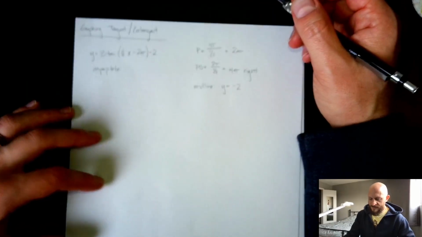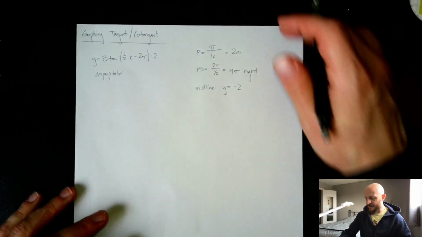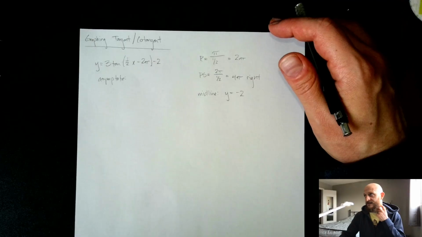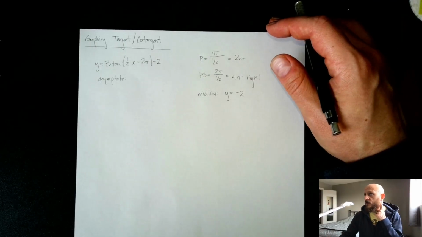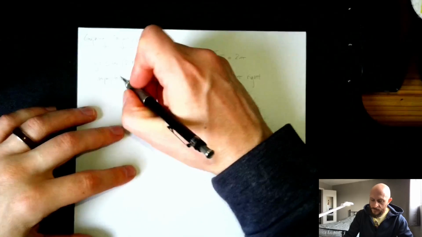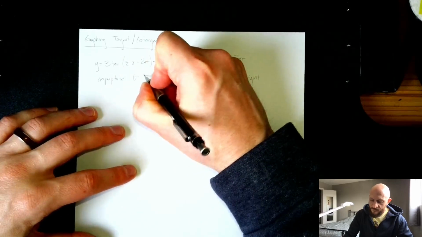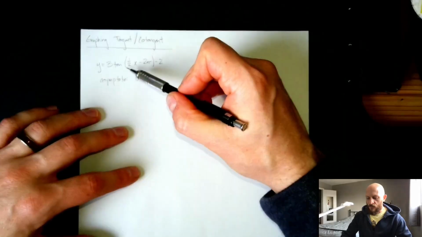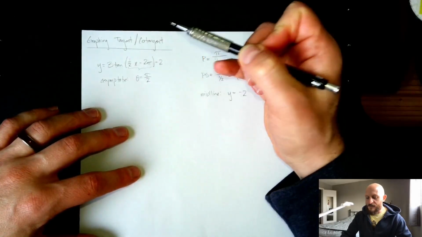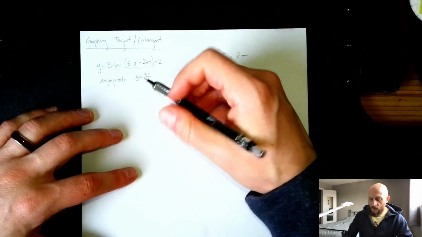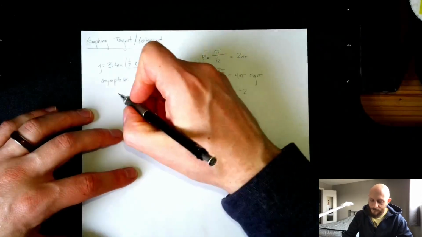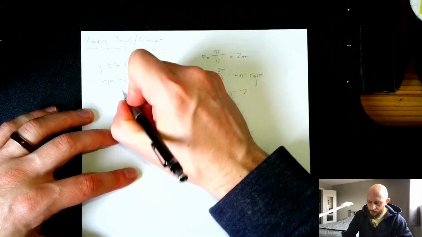So tangent has an asymptote. Tangent is sine over cosine, so tangent has an asymptote whenever cosine is 0. One place where cosine is equal to 0 is when theta is pi over 2. And you can think of this whole piece inside here as being theta. So you want to solve for where that piece equals pi over 2, because there will be an asymptote there.